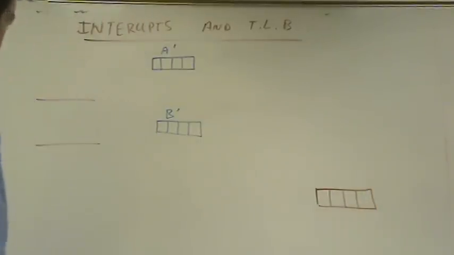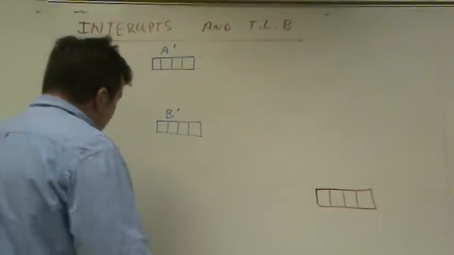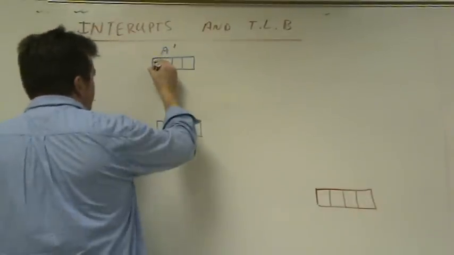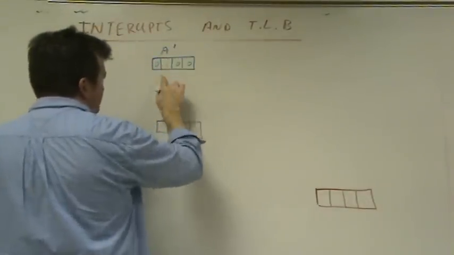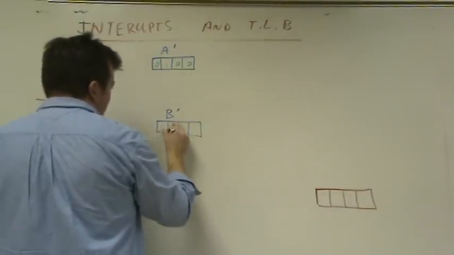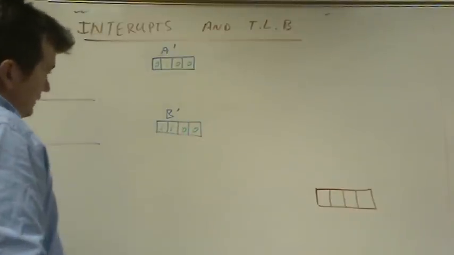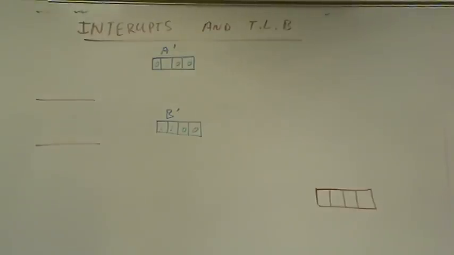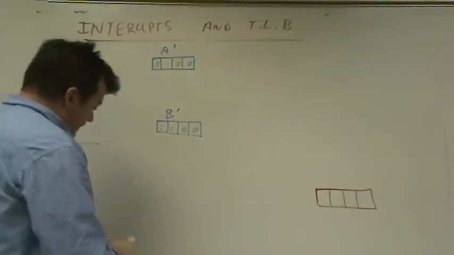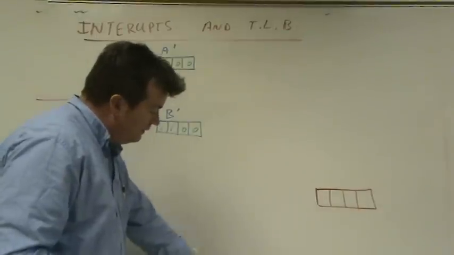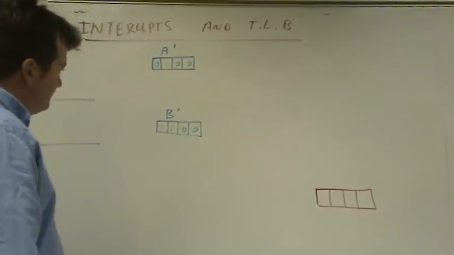And our goal is this. So these could have numbers in them, like 0, 1, 0, 0, which is 4, and 1, 1, 0, 0, which is 12. Right, they could have any number we want. They could have any number the operating system set them to.